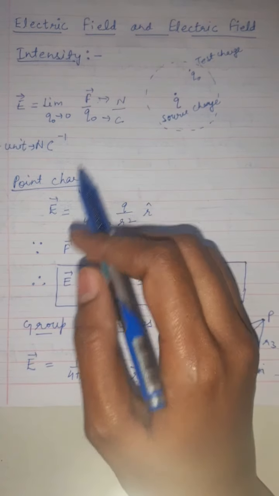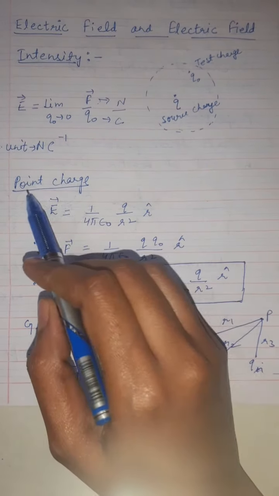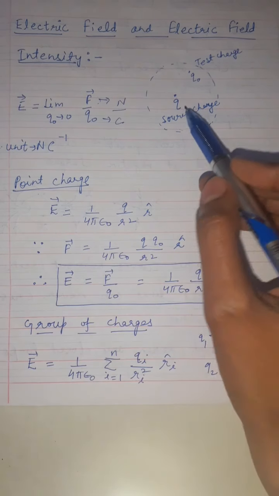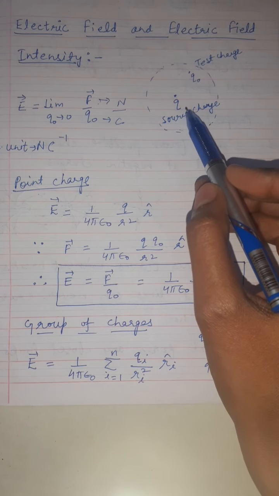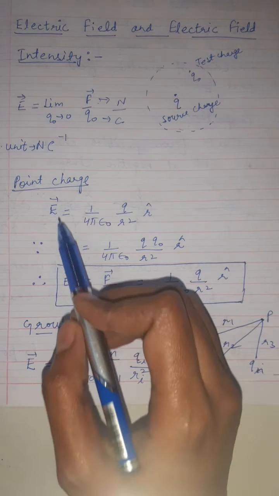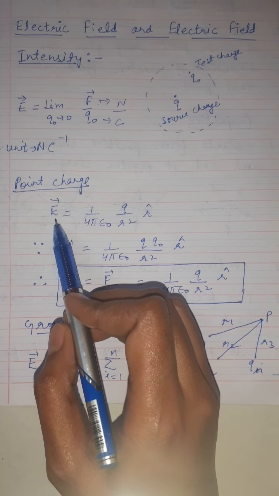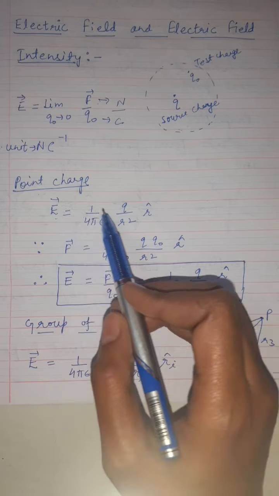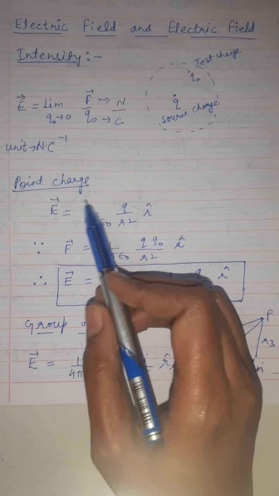We can calculate the electric field intensity due to a point charge. So if this source charge is a point charge, what will be the value of electric field intensity due to this point charge at any point? So E, the electric field due to a point charge, will be equal to 1 upon 4 pi epsilon naught, or this is what?